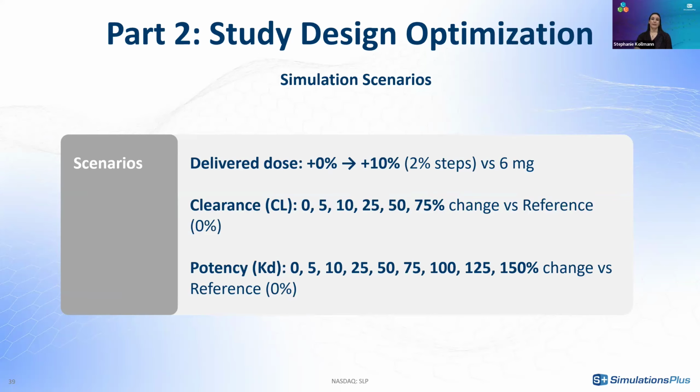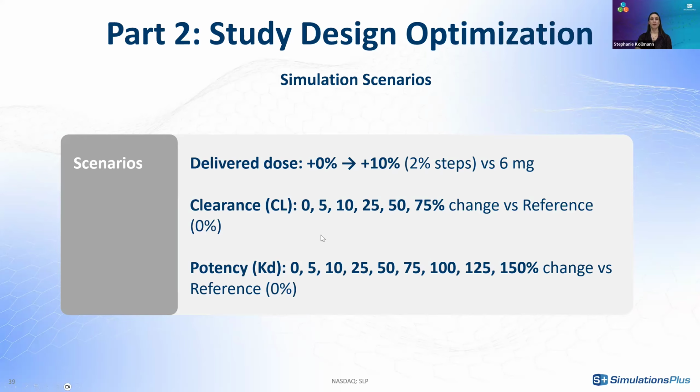We then tested the design under different realistic product difference scenarios. So for dose delivery, we varied the administered dose by up to plus 10%, representing formulation or device variability.